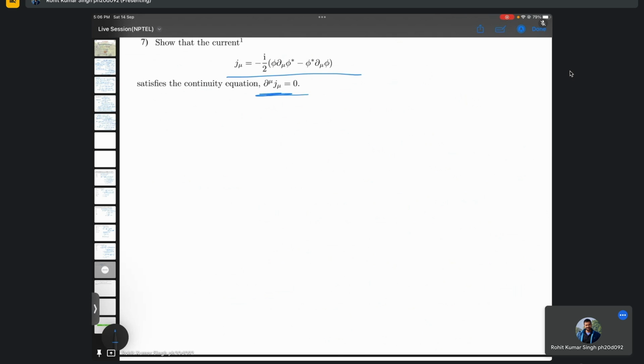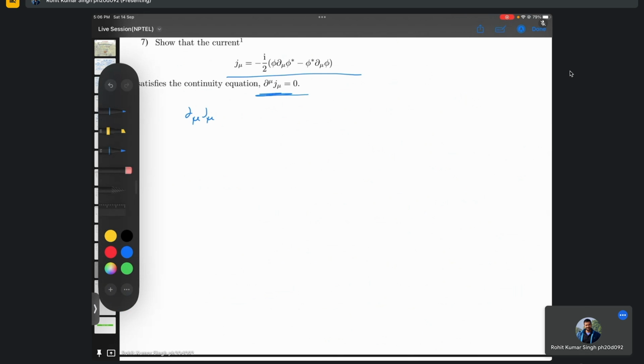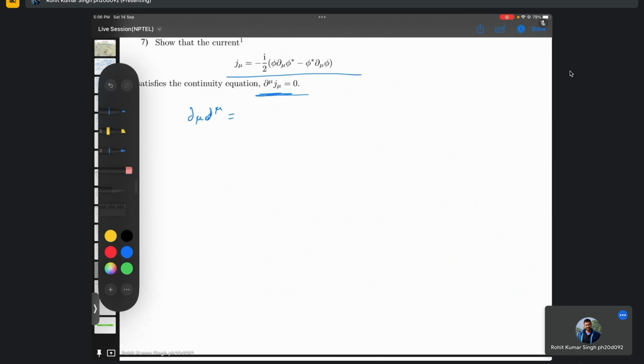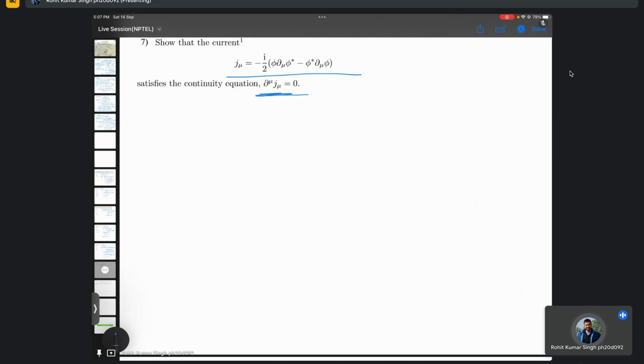Okay, so let's just take the derivative of the probability current, and sorry, it doesn't matter, but for consistency, let's choose this convention.